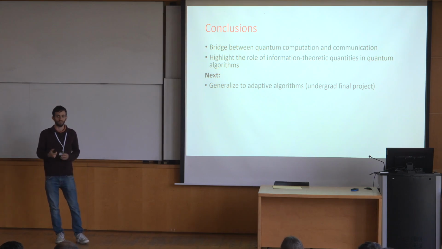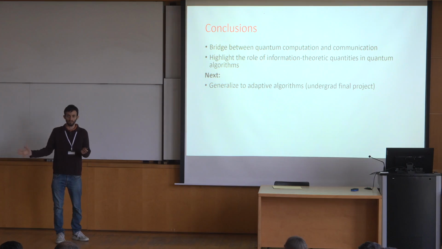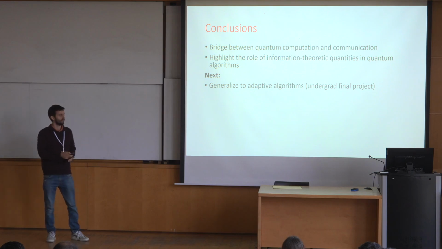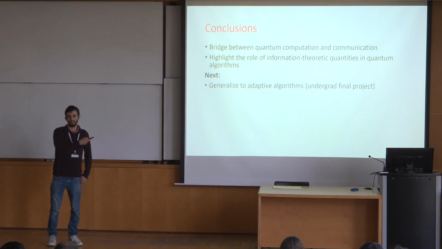Adaptive here just means multiple queries, but not necessarily in parallel. So for example, Grover's algorithm is adaptive in this sense. And a couple of undergrad students are working on a project exactly on this. They already have some nice results.